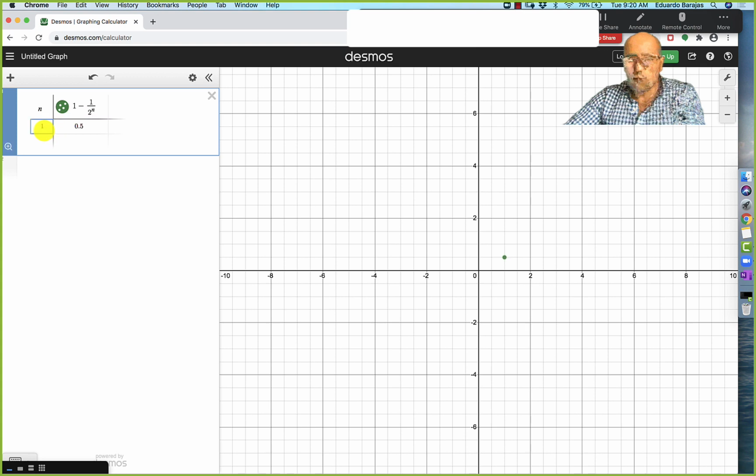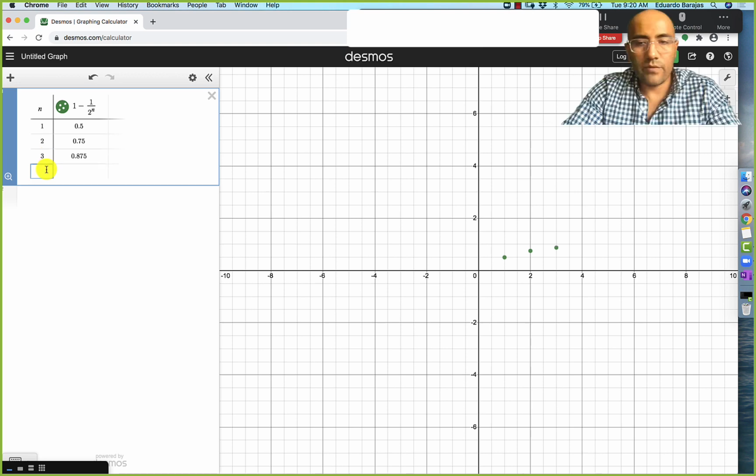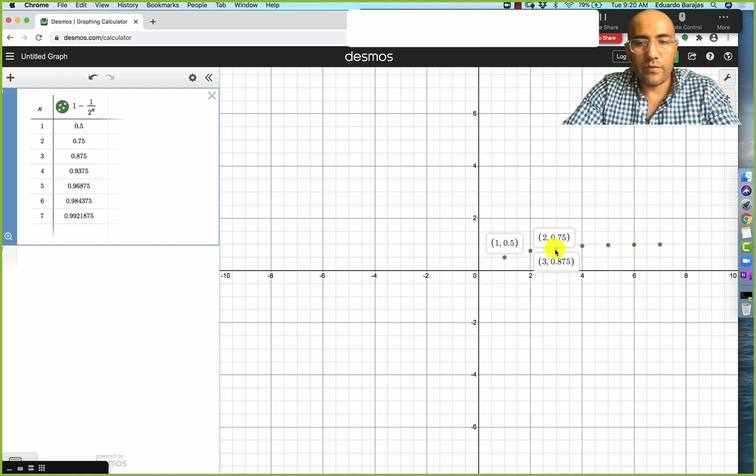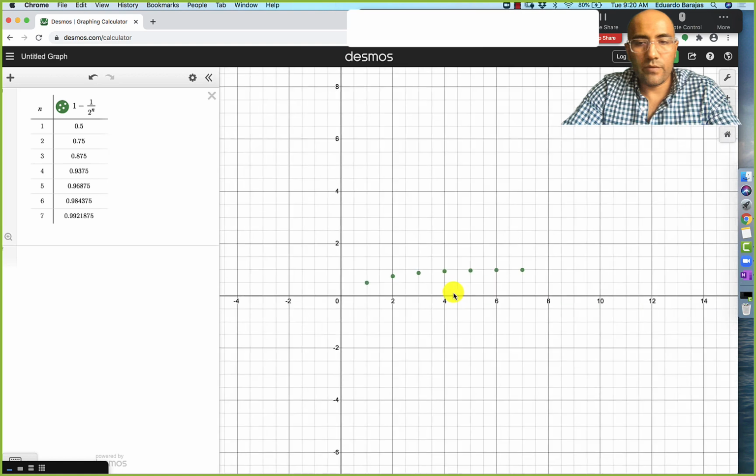Okay, and we start off with 1, that maps to a half, 2 maps to 0.75, then 3, 4, 5, 6, 7. Right? Do you see how, plugging into here, I get all these outputs, and then if I graph them, I get 1 comma 0.5, 2 comma 0.75, 3 comma 0.875, right, and so on and so forth.